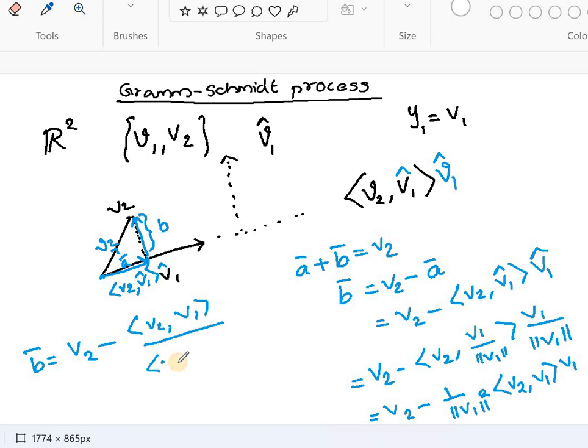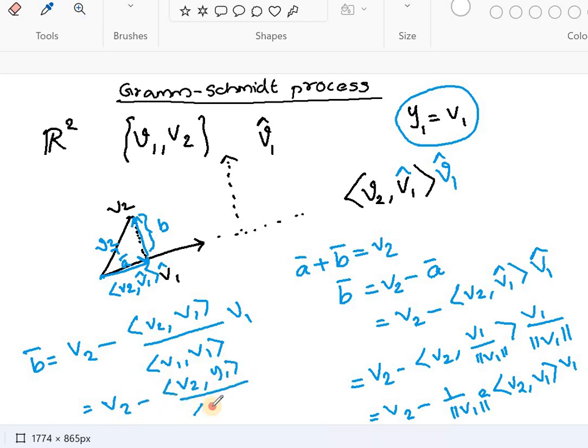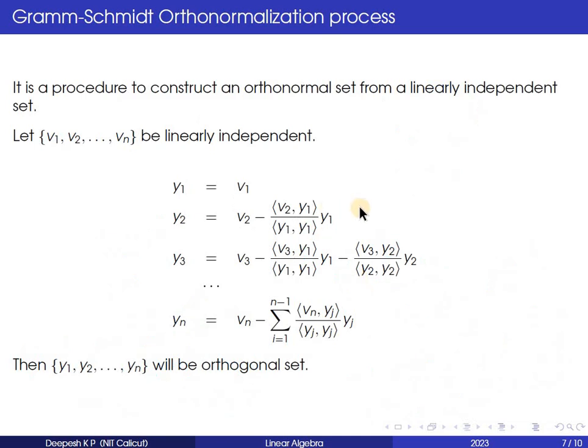That is nothing but inner product of v1 with v1, times v1. Since I have taken v1 as y1 itself, you can say that this is v2 minus inner product of v2 with y1 divided by inner product of y1 with y1 itself, times y1. So this is how the second formula has been arrived at from the first one.